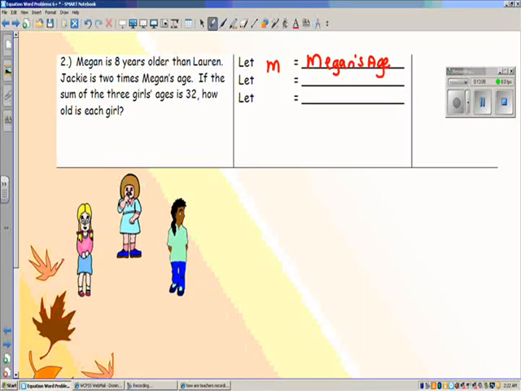Alright, so this says that Megan is 8 years older than Lauren. Our goal is to find out all three of the girls' ages. We need Megan's age, Lauren's, and Jackie's. So the next thing I'm trying to find is Lauren's age. If Megan is 8 years older than Lauren, how could I represent Lauren's age based on Megan's age?